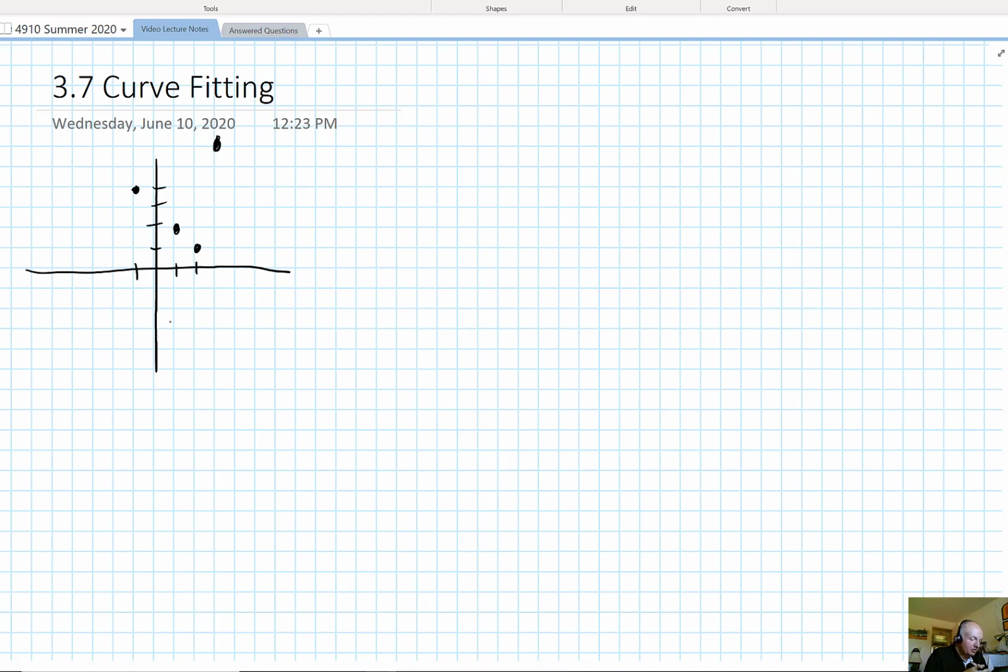And we're just going to keep it real simple here. We're just going to take a few points, and we're going to find a polynomial. We're only going to deal with polynomials here. Find the polynomial of smallest degree.